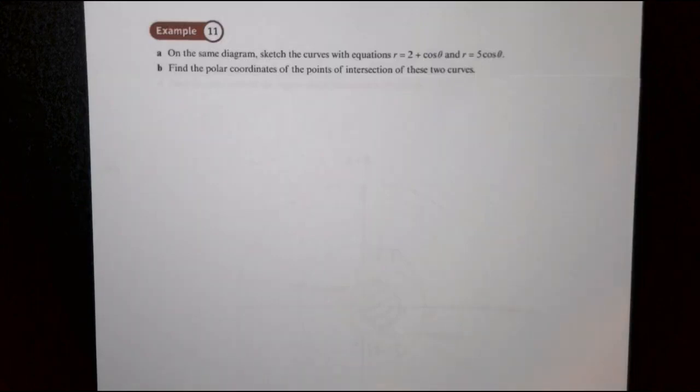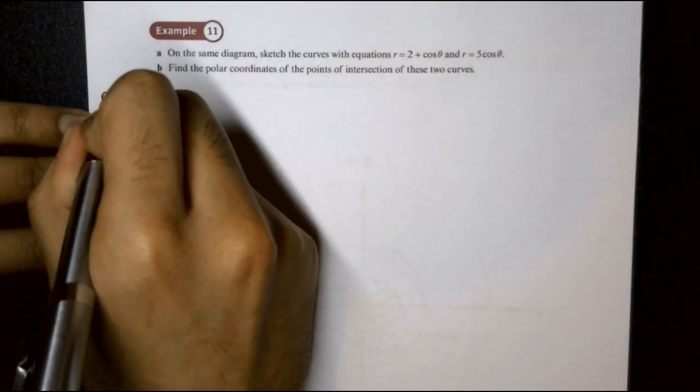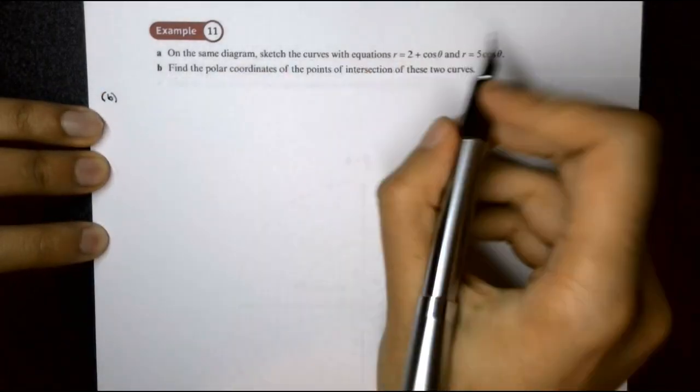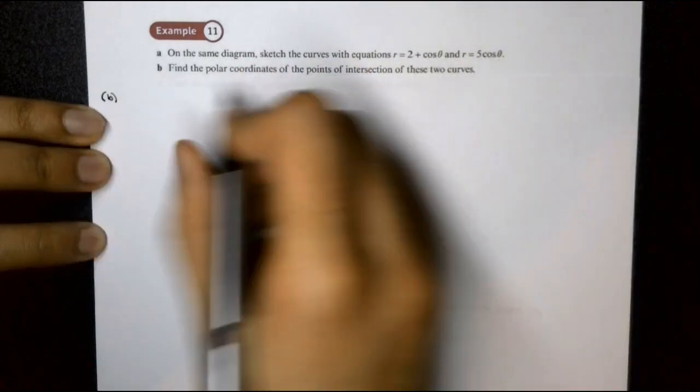For part B of the question, we have to find the polar coordinates of the points of intersection of the two curves. So for part B, to find the points of intersection, we set this equation equal to this equation.